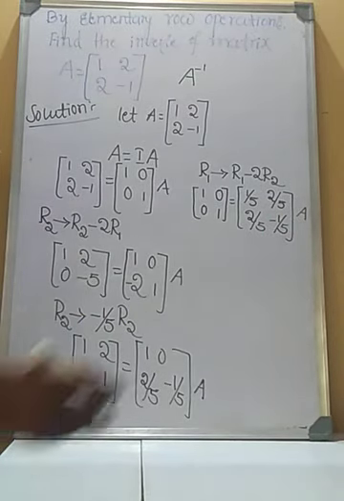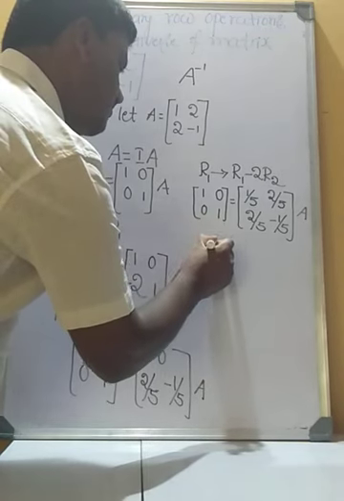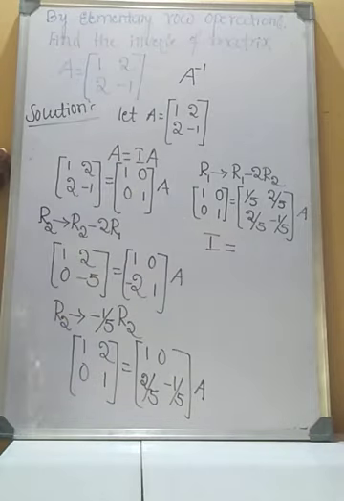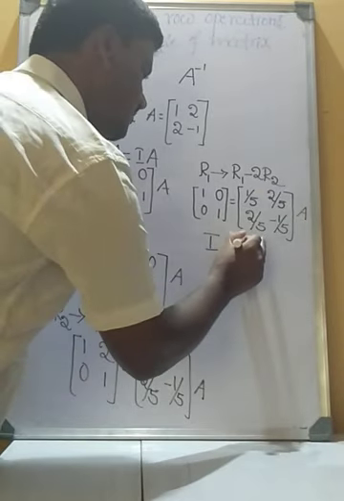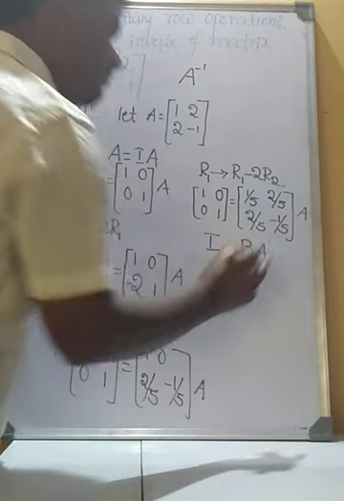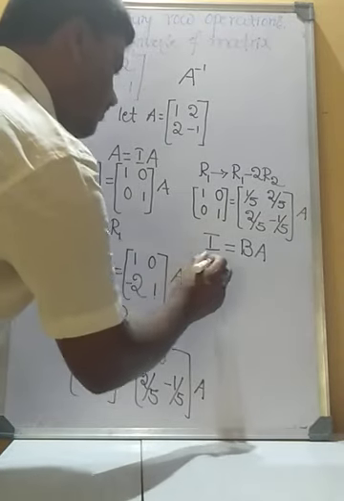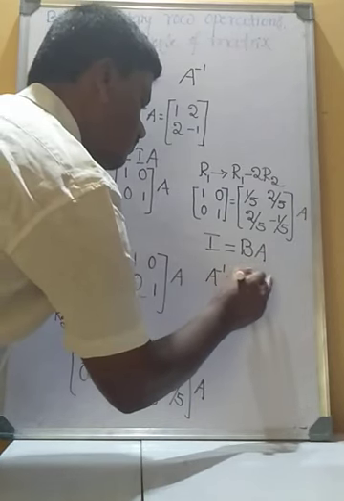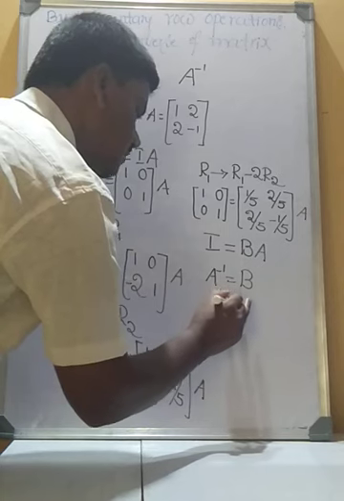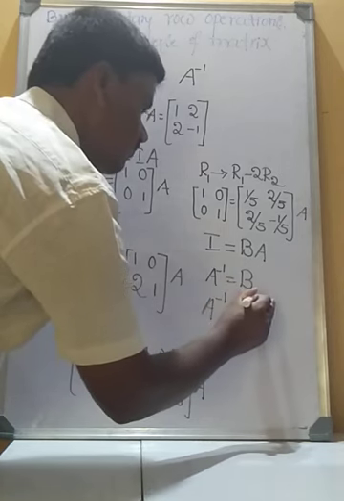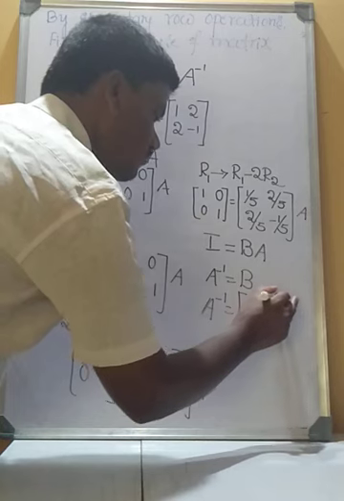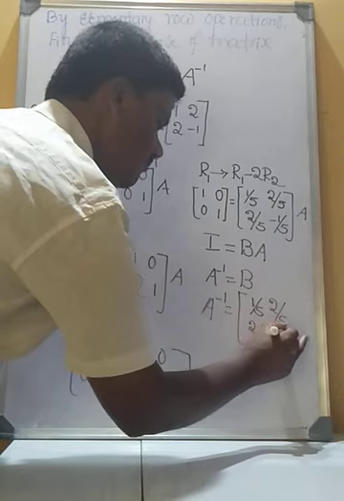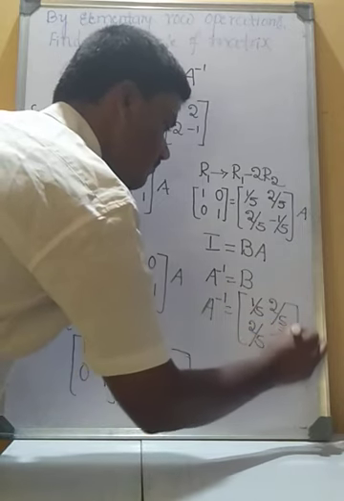So what is the form of this? Here 1 0 0 1 is the identity matrix I, and the right side is of the form B into A. Therefore A inverse is equal to B. What is B? 1 by 5, 2 by 5, again 2 by 5, minus 1 by 5.